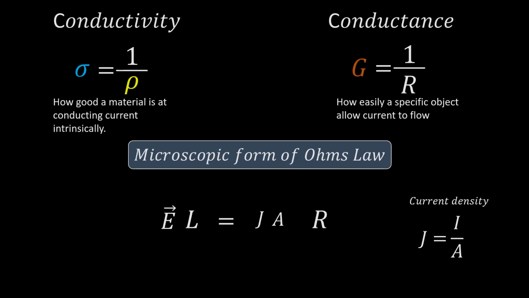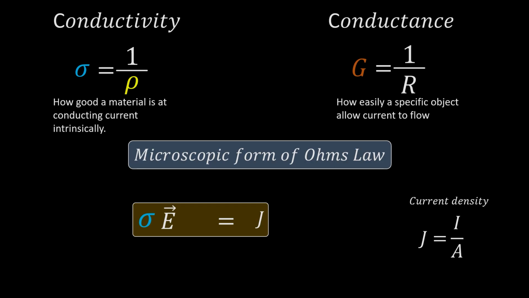And resistance R can be written as rho L over A. Now simplifying this equation, we get J equals E divided by rho. And since rho equals 1 divided by conductivity sigma, we finally get the microscopic form of Ohm's law. Current density J equals sigma E.